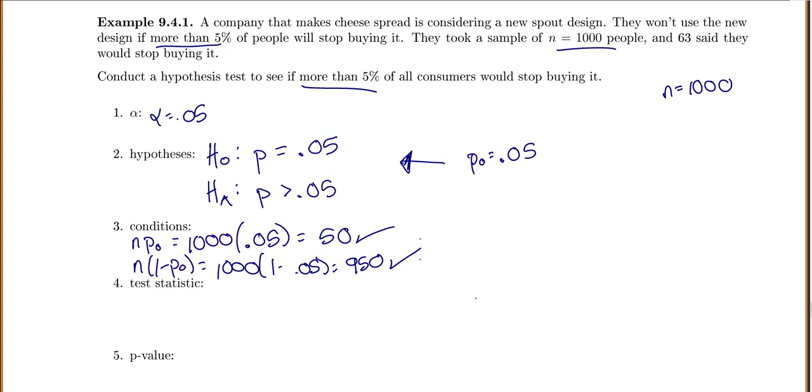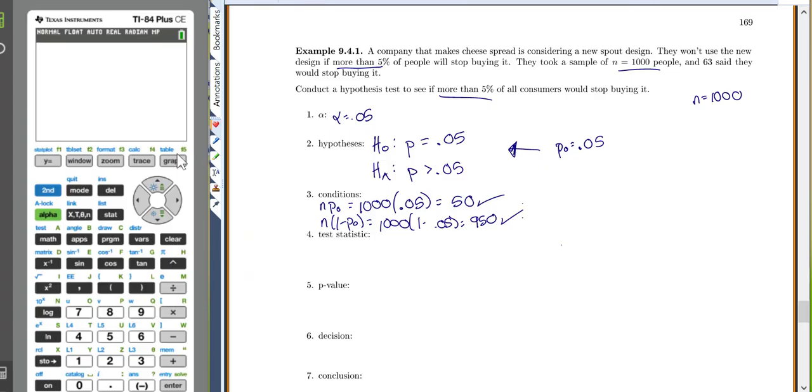For our test statistic, at this point, we're just going to pull up our calculator. Okay, I'm going to go to my stat menu. Test, I'm looking for something that sounds like proportion and z's. So here we have a one sample proportion z-test. My hypothesized proportion, that p0, is 0.05.